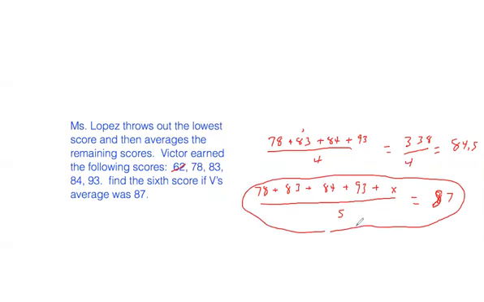So I multiply out the 5, and then I get 338 plus x equals 435. Subtract the 338, and x equals 97. So that's what his other score would have to be.